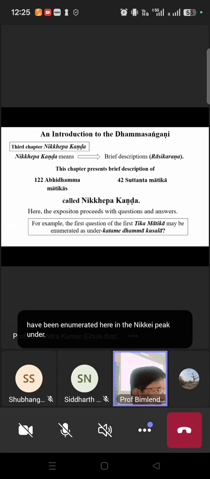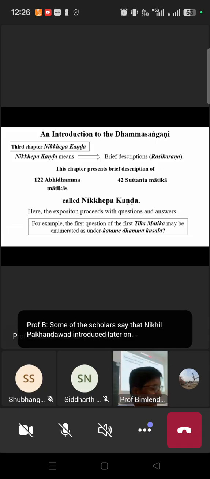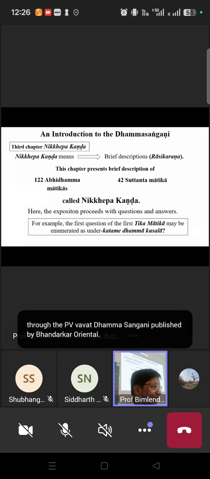Some of the scholars say that the Nikhep Kanda was introduced later on. If you go through the P.V. Bapat's Dhammasangani, published by Bhandarkar Oriental Research Institute, P.V. Bapat says that Nikhep Kanda is the last chapter, because at the end of the Nikhep Kanda, it is said that here is the end of all the ultimate reality, Chitta, Chetasika, Rupa and Nibbana.